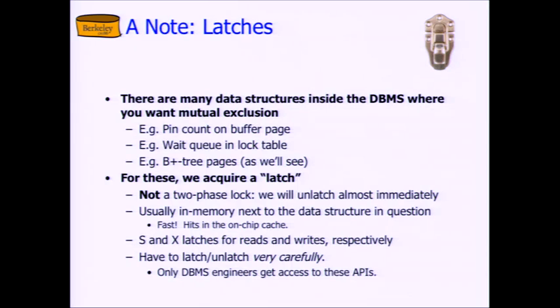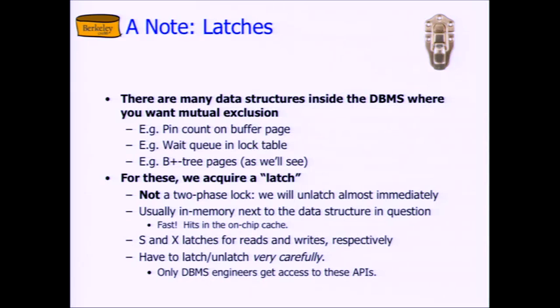If it's 3, you can't let them both go, see 3, and both make it 4, because it should have been 5. So it's an internal data structure where you have to make sure it was read-write updated individually, one at a time. It's more like traditional operating systems mutual exclusion. We just have a little variable inside the database, and I want to make sure there's mutual exclusion.